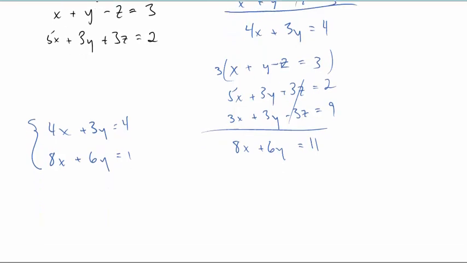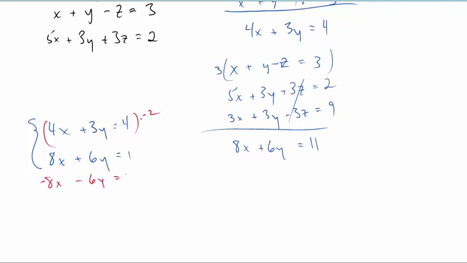If you chose to eliminate another variable or use different pairs of equations, that's fine. We should still end up at the same spot. So I'm going to multiply the top one by negative 2. We get negative 8x minus 6y equals negative 8. We add together and we end up with 0 equals negative 7. What? 0 doesn't equal negative 7. I know, right? So there's no solution.